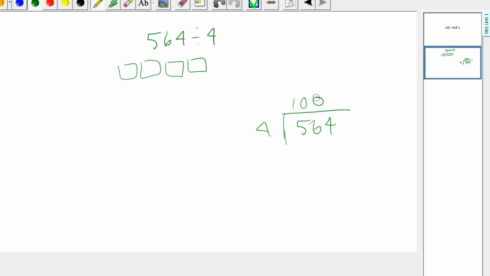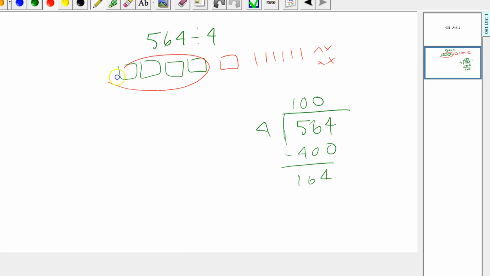So I'm going to write 100 here. And again, eventually you'll go to the standard algorithm that simplifies this, but they need to see where this is coming from. So I'm going to start with 100, 400, and now I'm going to subtract those off. Remember we subtracted them off because we had taken the original 564 and broken them into the 4 groups. So now they're gone, and this 164 is what we're left with.